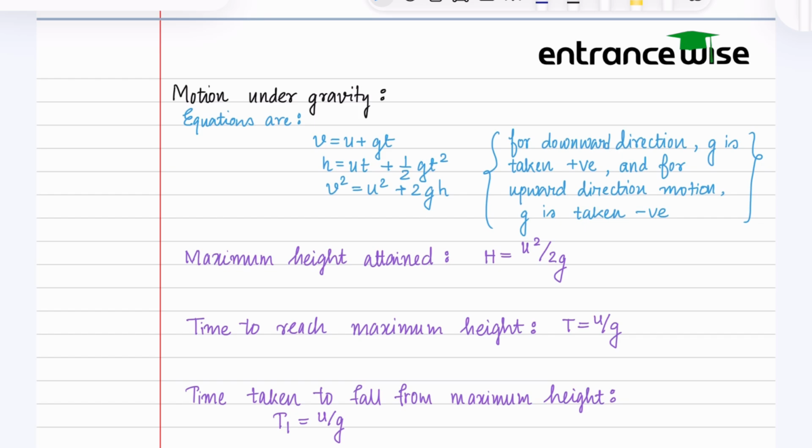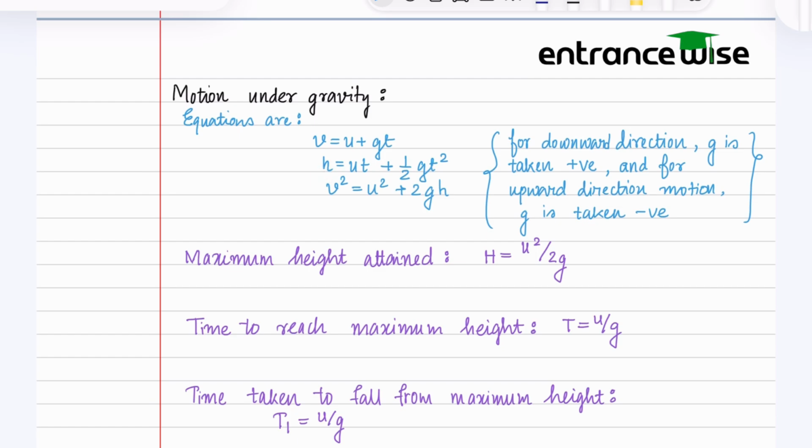For velocity displacement relation, v square equal to u square plus 2gh. Here, u is the initial velocity, v is the final velocity, g is the acceleration due to gravity, t is the time, and h is the displacement.